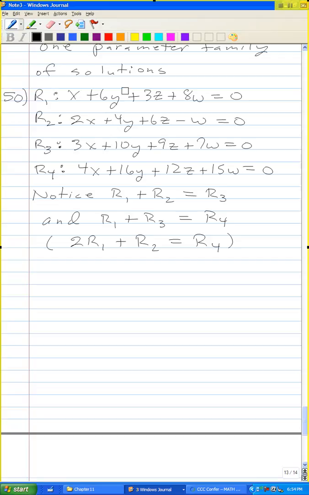So you can see that R3 and R4 can be eliminated. So 2R1 plus R2 is R4.